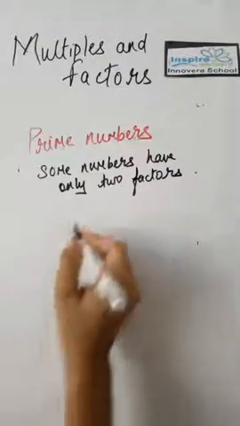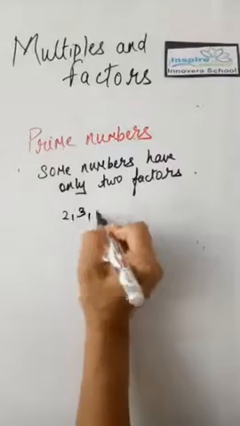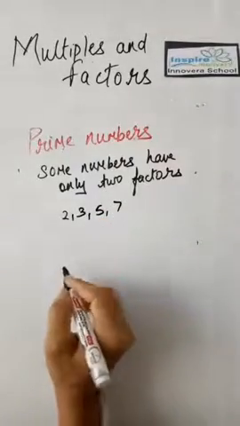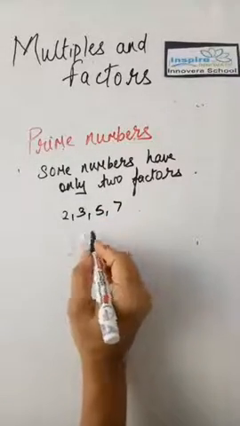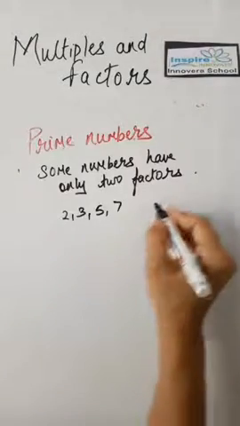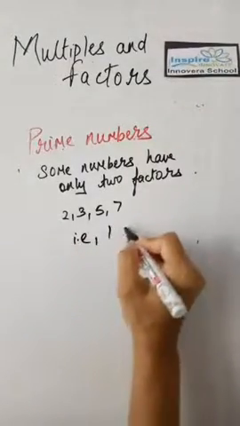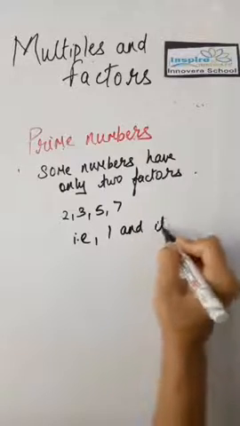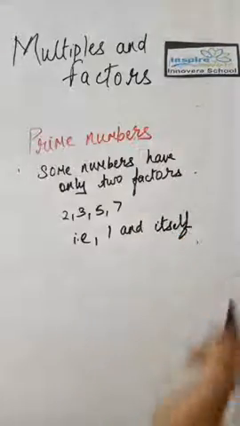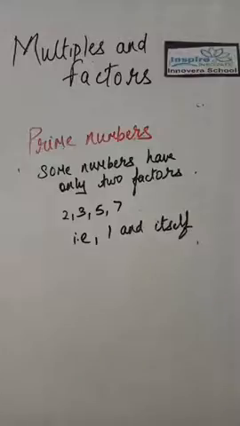Which were those numbers? 2, 3, 5, 7. They have only 2 factors, 1 and itself. They are called prime numbers. And what are composite numbers? The numbers which have more than 2 factors are called composite numbers.